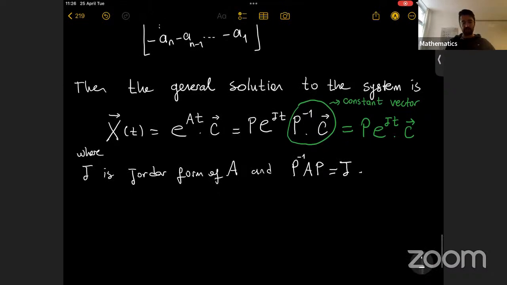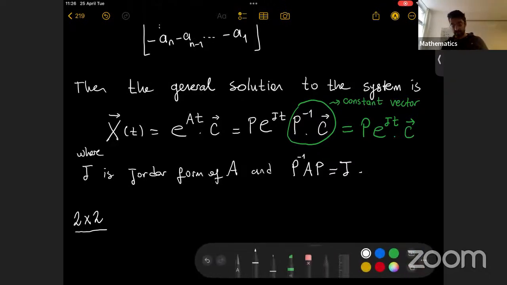Let's see what we get in simple cases like 2 by 2 here. When A is a 2 by 2 matrix, this is basically the case when we have a second order differential equation.